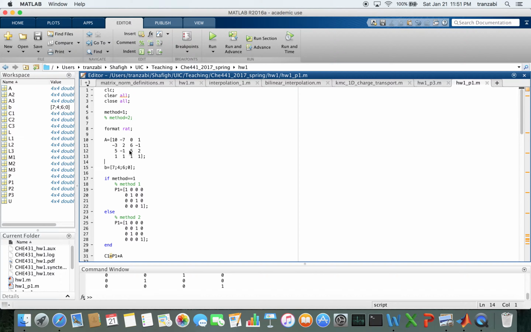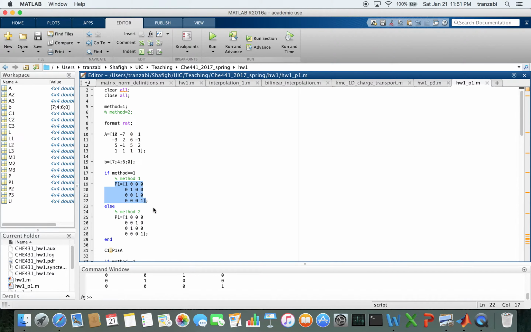We just bring the maximum element to the diagonal. In matrix A, 10, which is the maximum element in column 1, is sitting in row 1, so we don't do any permutation, and that is leading to permutation matrix 1 equal to the identity matrix.